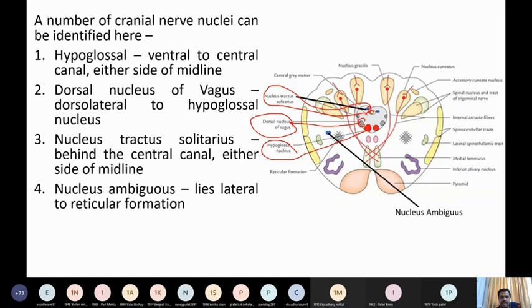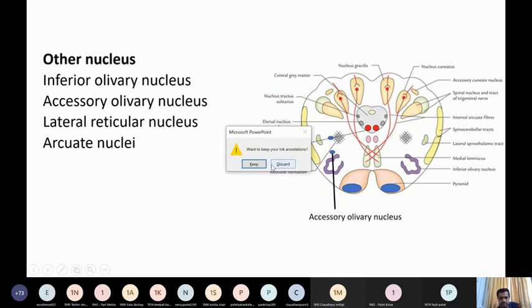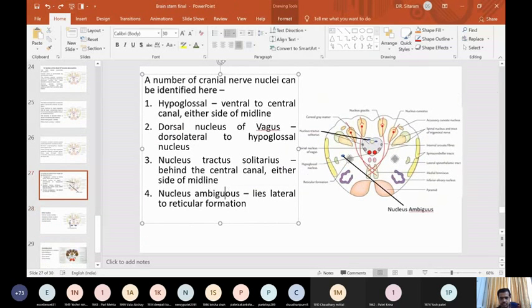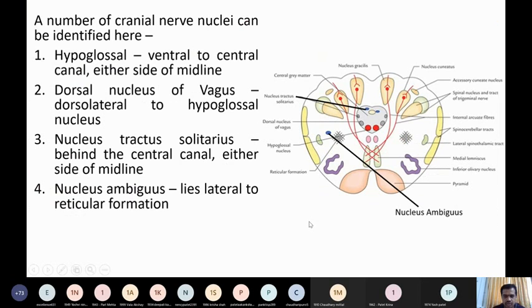Okay, so nucleus ambiguus, there is a mistake of O, there is a single O, I'll correct it. So, the fourth one is the nucleus ambiguus. The nucleus ambiguus lies lateral to the reticular formation.